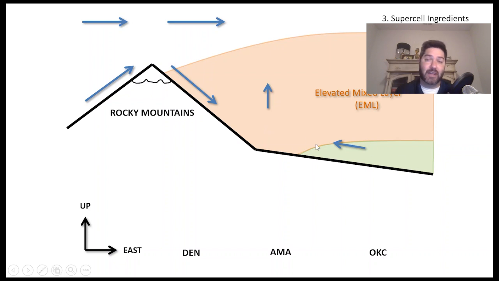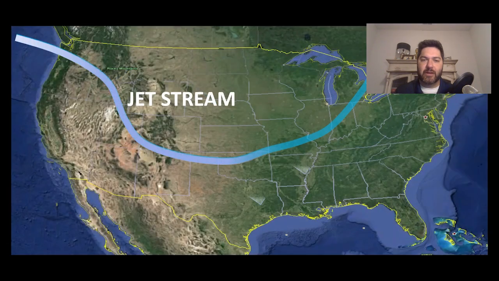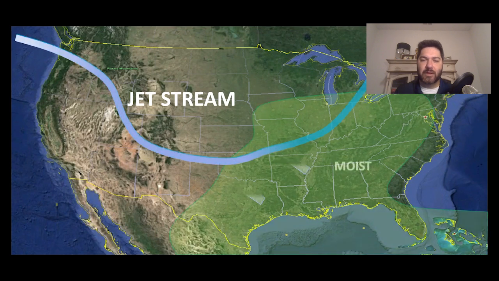That lee trough enhances the return flow of moisture from the Gulf of Mexico. So the low level jet, surface winds, turn in to the low pressure, bringing that moisture into the southern plains. You can see this on the actual map here, with that moisture moving into the plains.